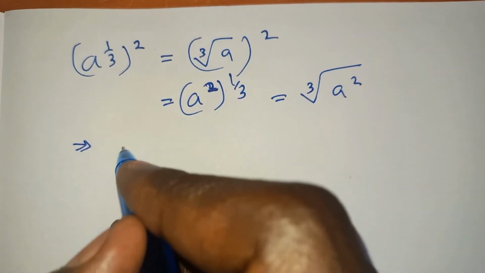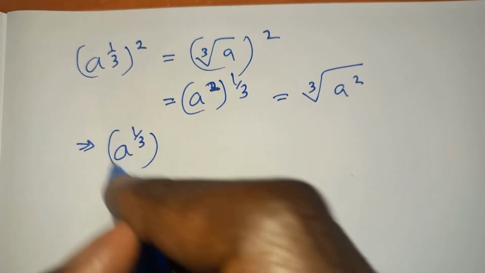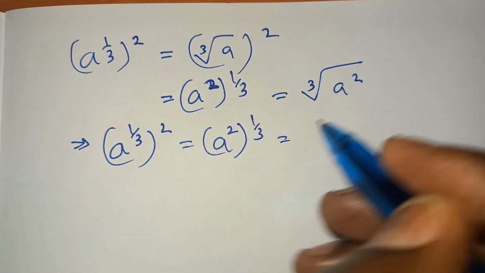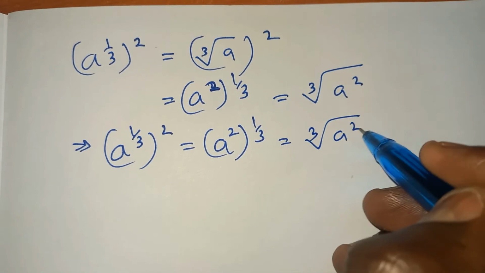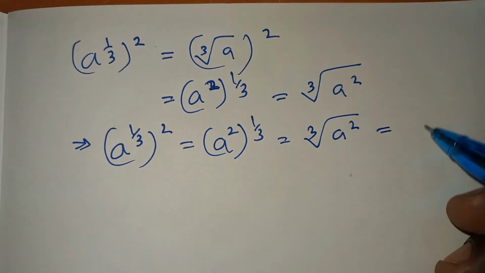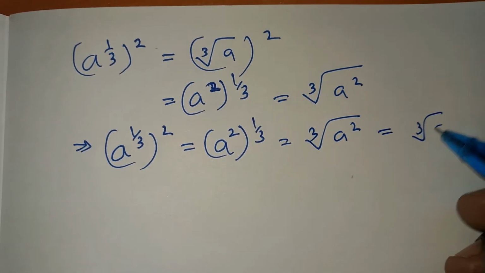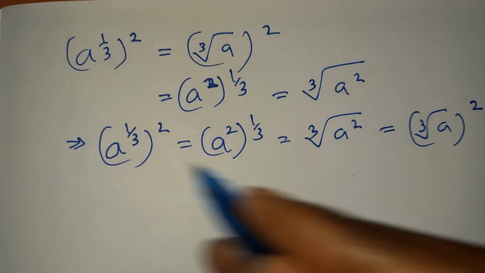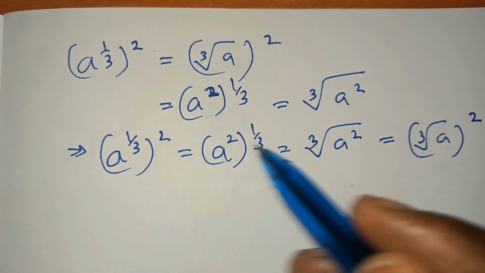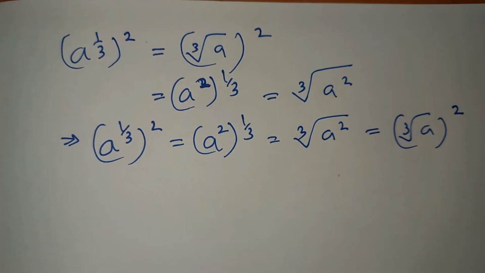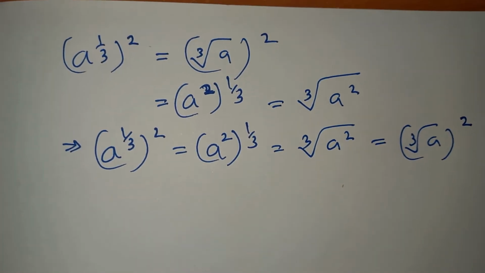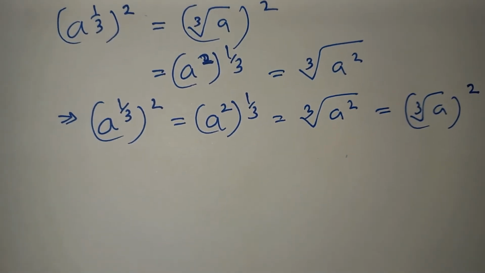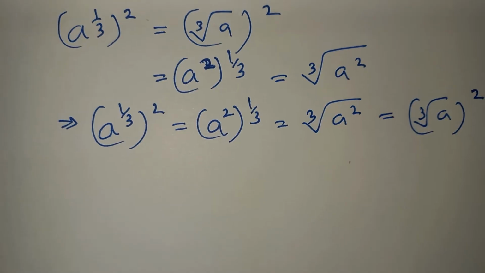So this means that a raised to the power third squared is the same as a squared raised to the power third, and it is the same as cube root of a squared, and it can also be written as cube root of a, squared, everything squared. So you can express this in any of these forms and you will still be correct. So that proves, or rather demonstrates, the fractional index rule.